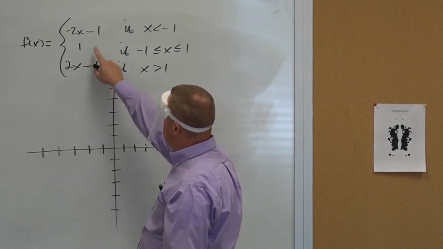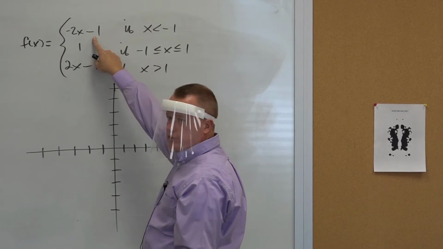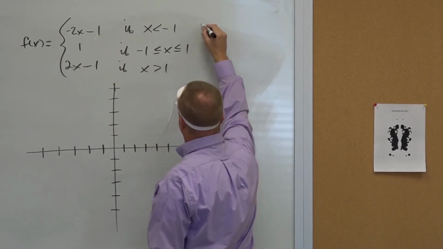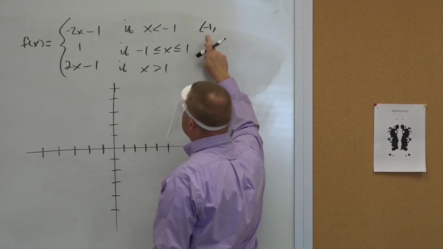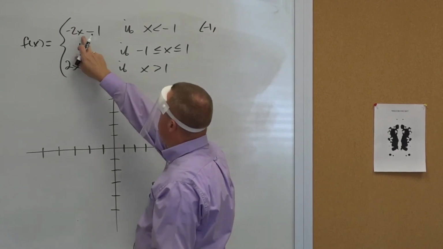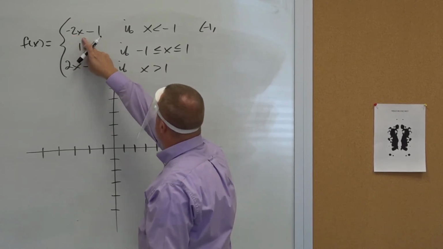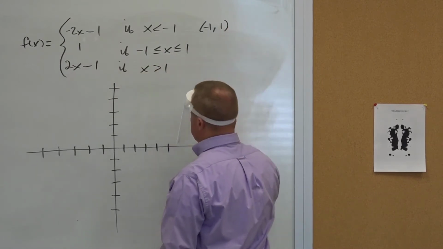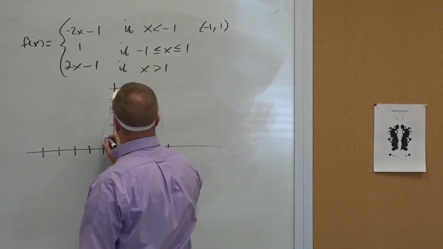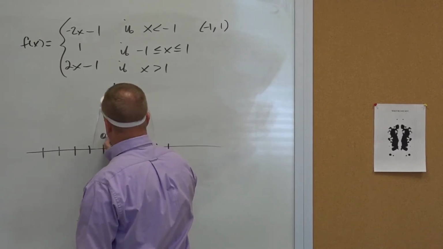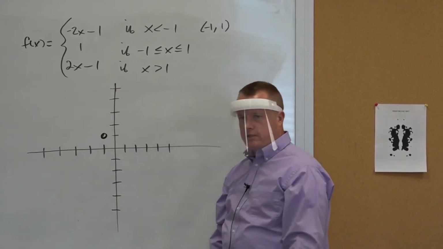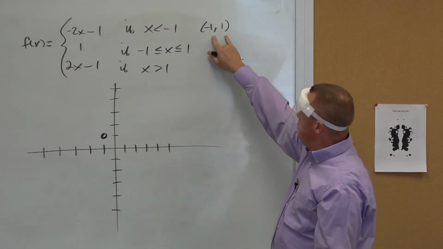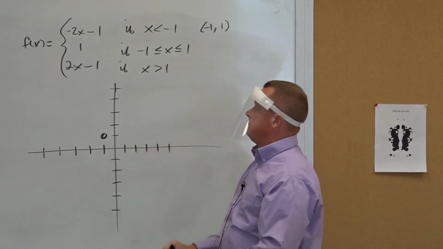All right, so if I graph this function, what you might want to do is say, well, what is my point when x is negative 1? Well, if I plug negative 1 in there, negative 2 times negative 1 is 2, minus 1 is 1. So negative 1, 1 will be an endpoint there, and it will be an open circle. I just plugged in that negative 1 where it's changing graphs. I got this point, so that's where this one will start.